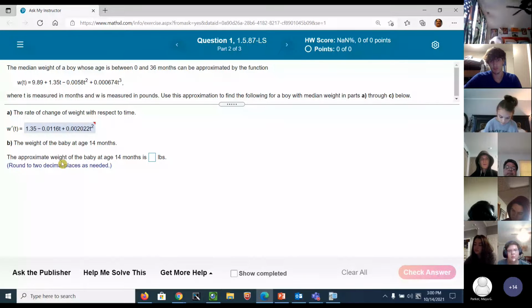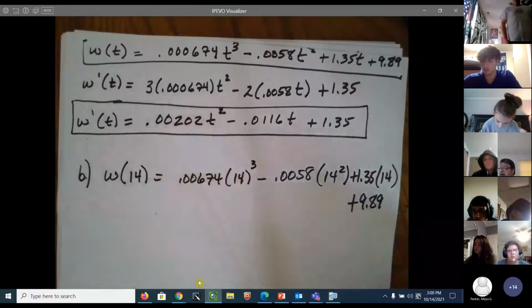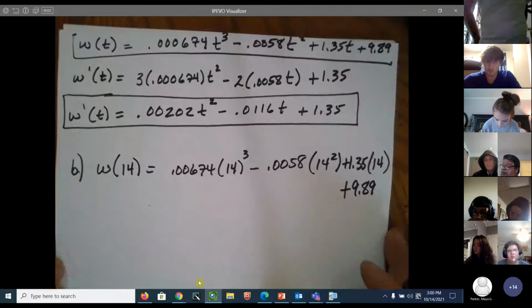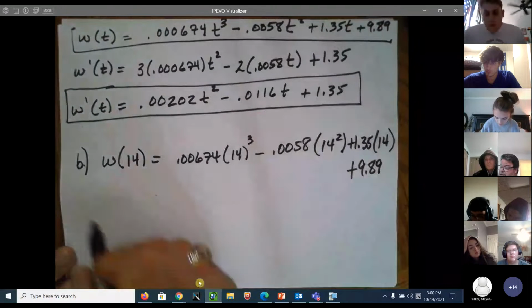And I need somebody to be calculating that, please, because I'm not going to do all that with the mouse. And then they're going to say, what is the rate of change at 14 months?